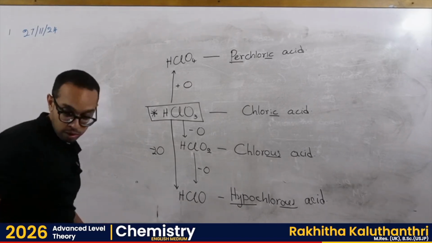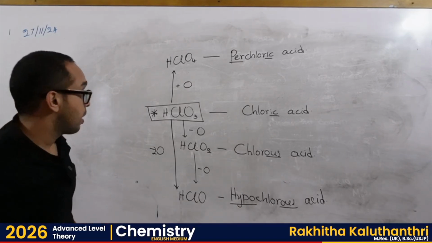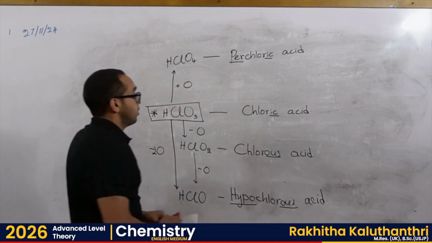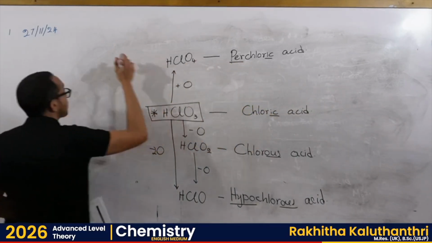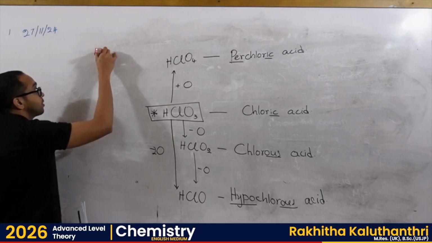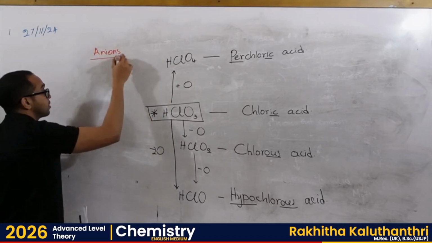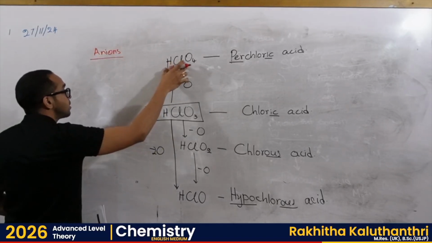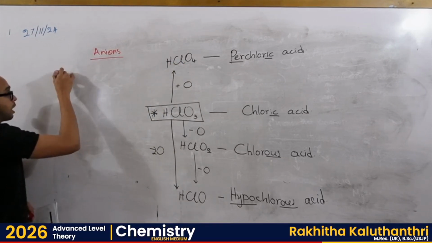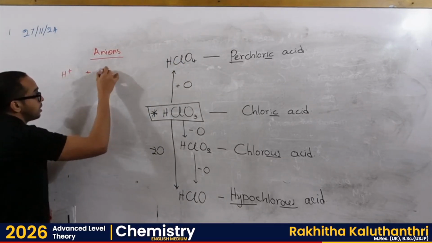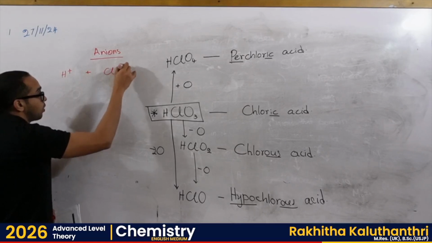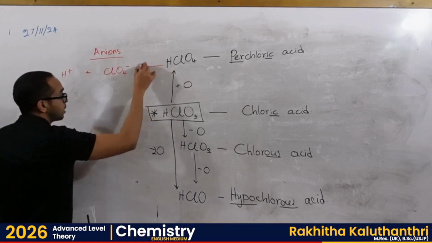We have to know a little bit about the anions as well. So if you take this, I will write the anions here. Anions. When the dissociation happens, we have H plus ion along with the anion ClO4 1 minus, right?